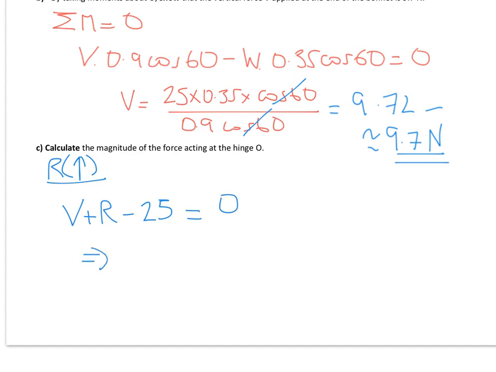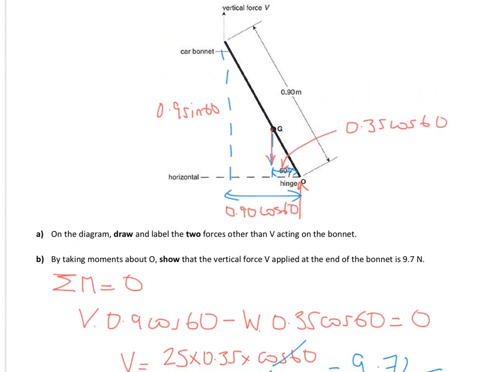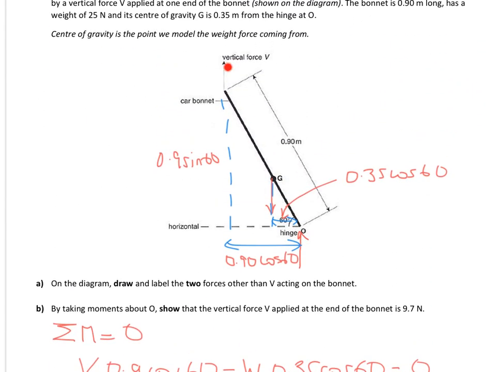So then R is going to be 25 minus 9.72 and so on, which is going to give us a force of something around 15 newtons to two significant figures, by essentially showing that the resultant force is 0, and we've used the sum of the moments is also 0. So those are the two key equilibrium conditions, and for the first time we've seen our forces acting, and we calculated our perpendicular distances at these angles.